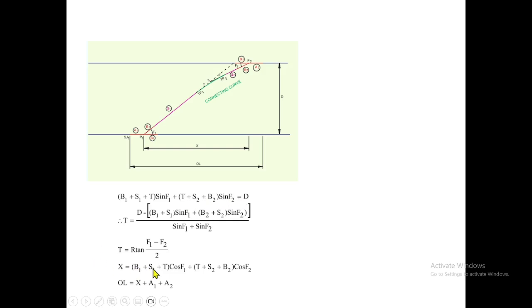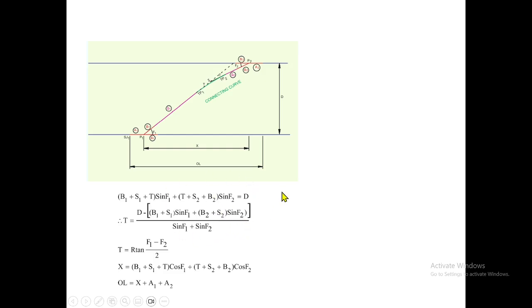So (B1 plus S1 plus T) sine F1 plus (T plus S2 plus B2) sine F2 will give the total vertical distance, which we equate with D. Then from here we can find out how much T we should provide. Once T is known, we can find out the radius we are getting for the available space, supposing full curvature is provided. That also we can get.